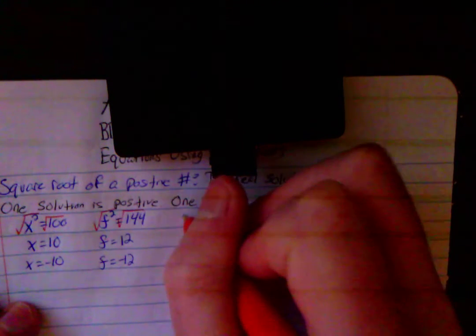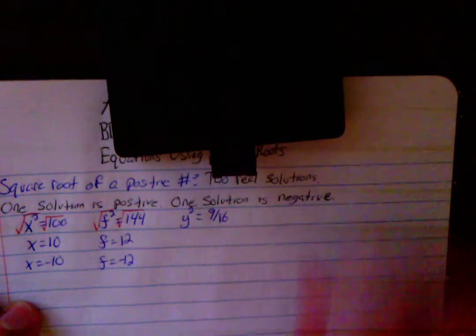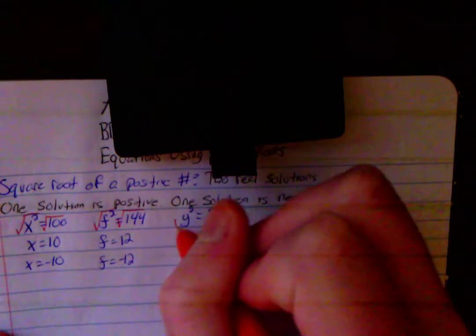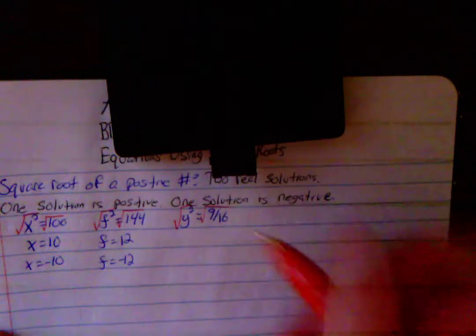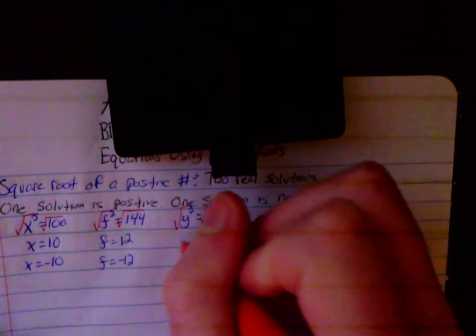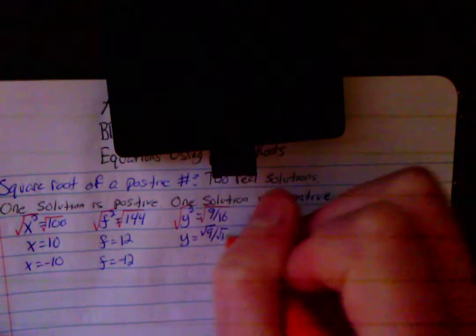Let's say we have a fraction. Y squared equals 9 over 16. So if I take the square root of 9 over 16, it would be the same thing as y equals the square root of 9 divided by the square root of 16.